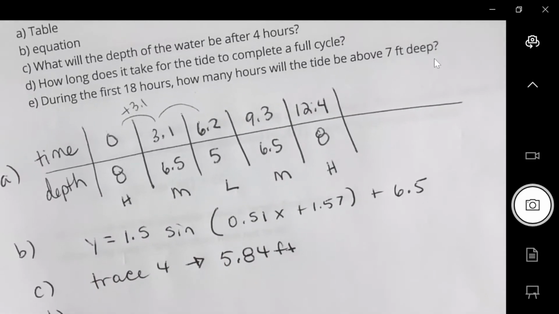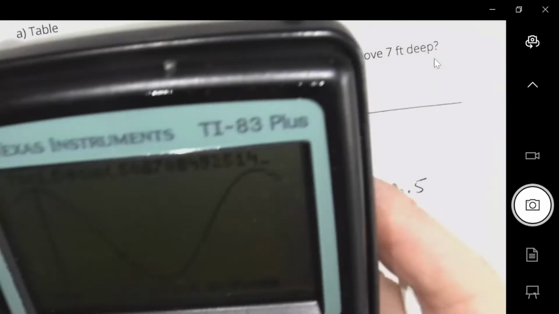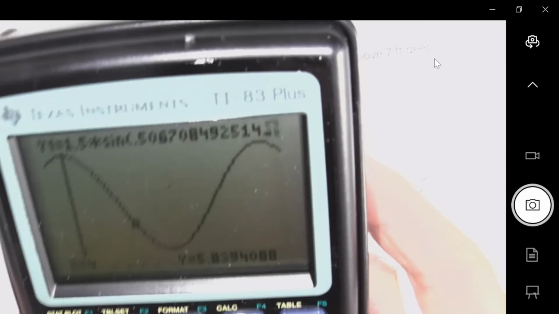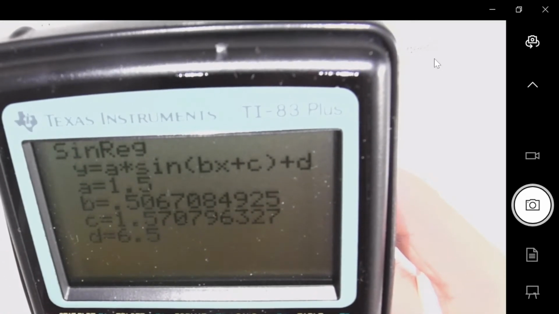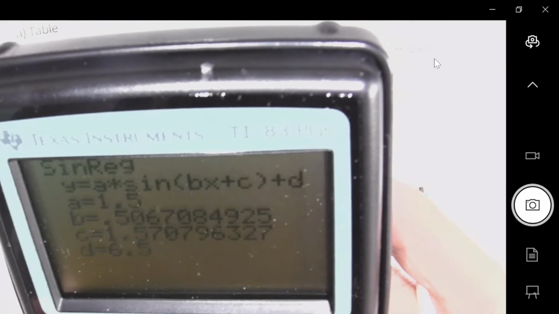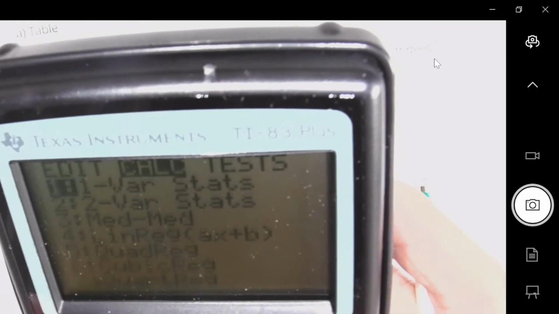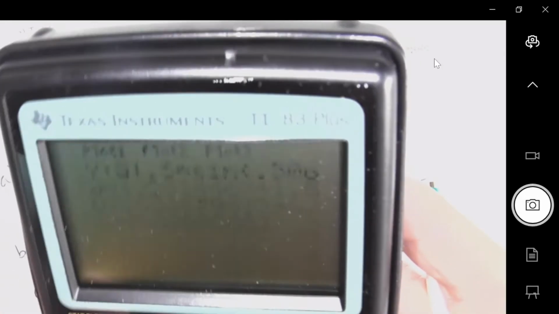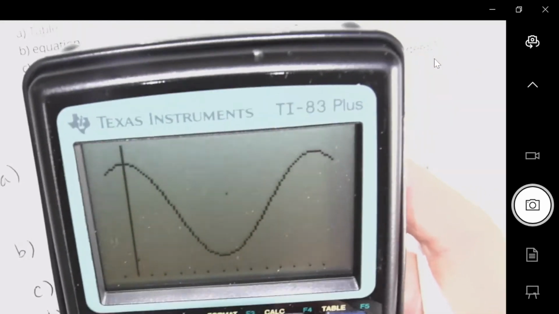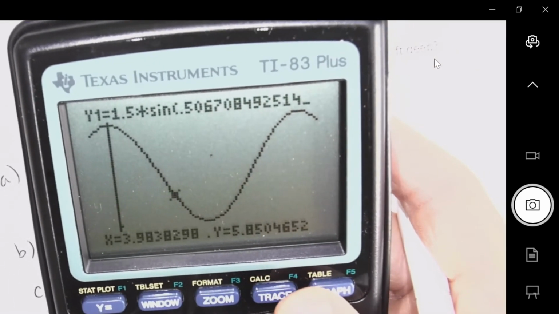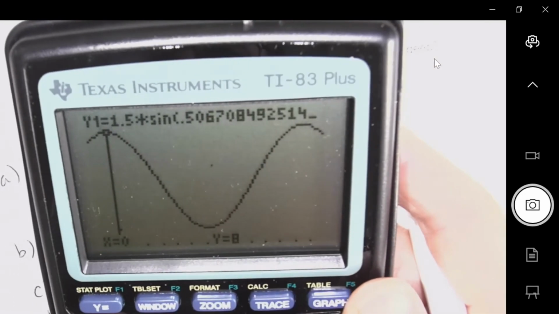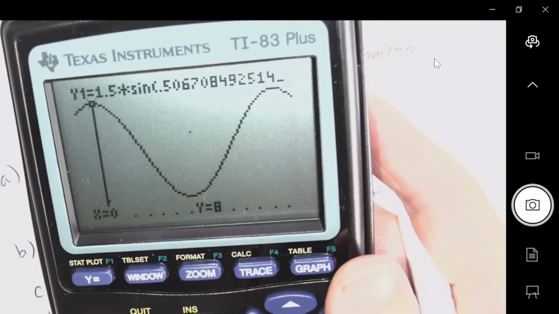Question D. How long will it take for the tide to complete a full cycle? Let's go like this. This is how I'll teach you how to do it. I'm going to go trace 0. Okay. So I'm at 8.